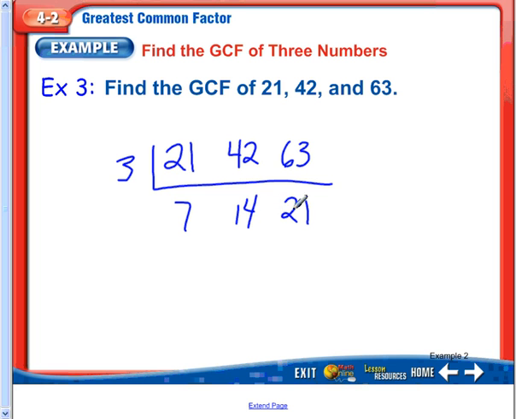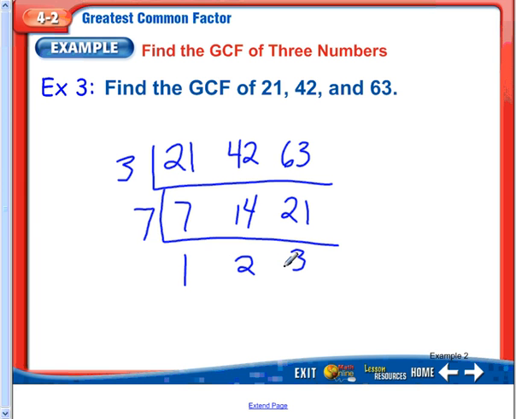7 is a prime number, but I noticed that 14 and 21 are composite numbers with the prime 7 used as a factor. So I can use the factor of 7 to divide into each of these three numbers. 7 goes into 7 once, 7 goes into 14 twice, and 7 goes into 21 3 times.